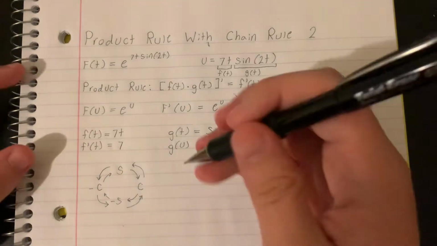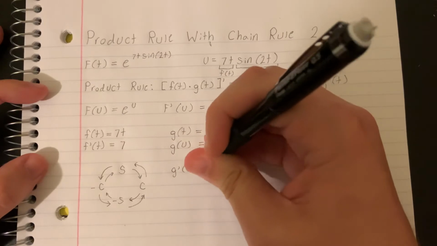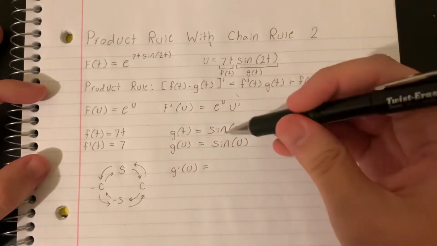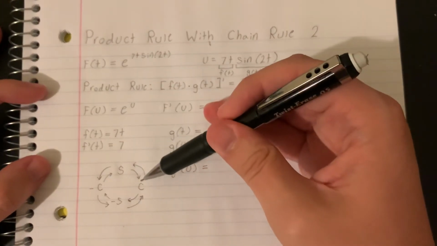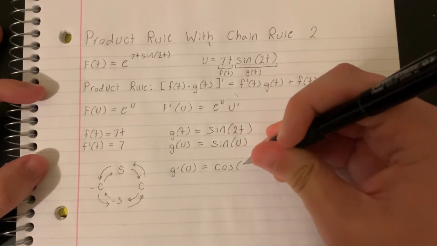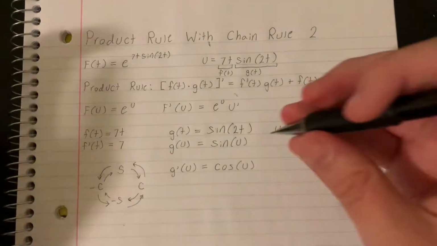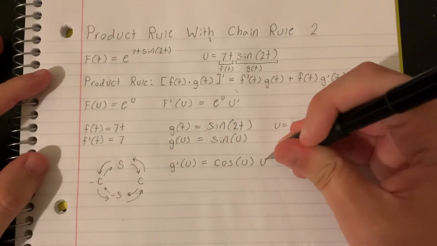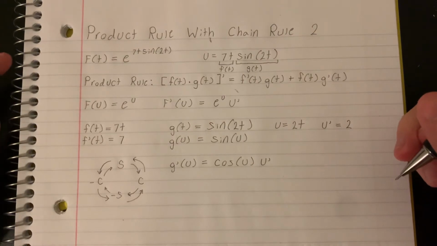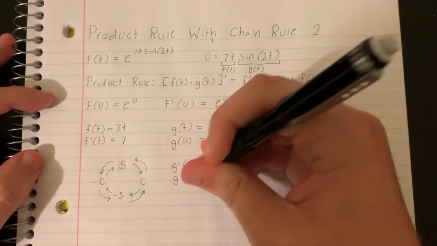So, for our g of u, we know that our g prime of u, taking the derivative of sine, will be cosine. So cosine of u. Now remember, again, since we used the chain rule, we're going to have to multiply this by u prime. So now let's rewrite this in terms of t.